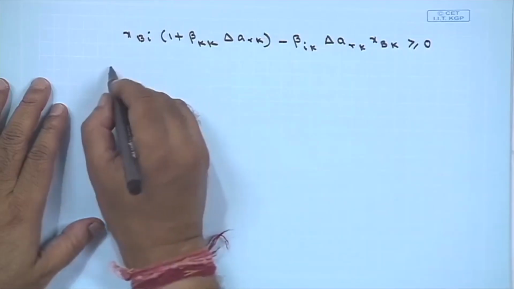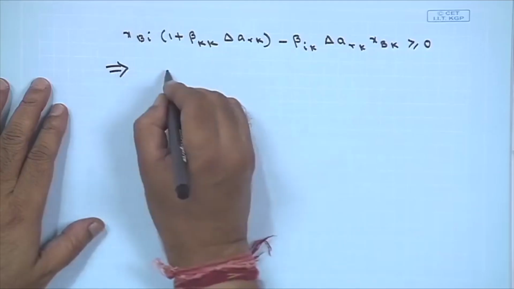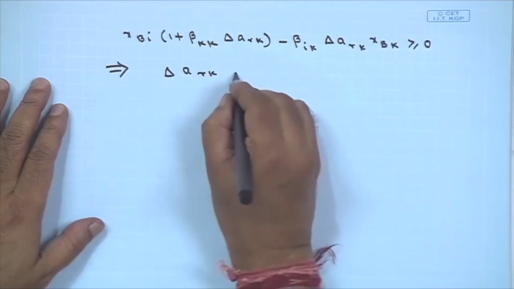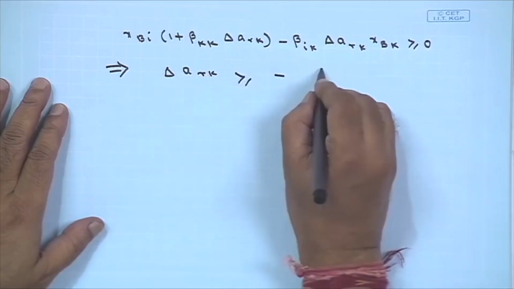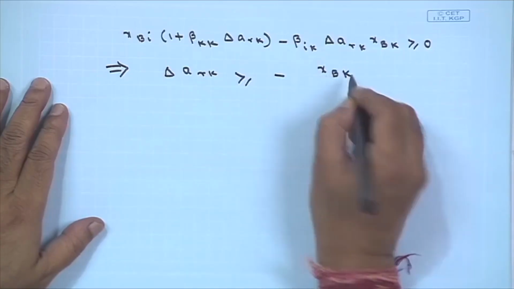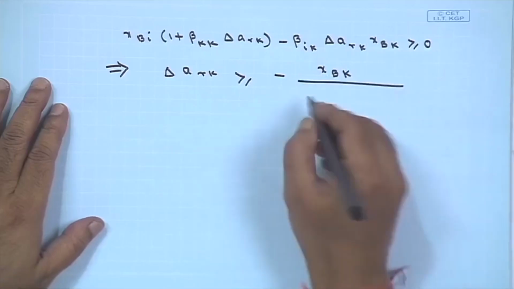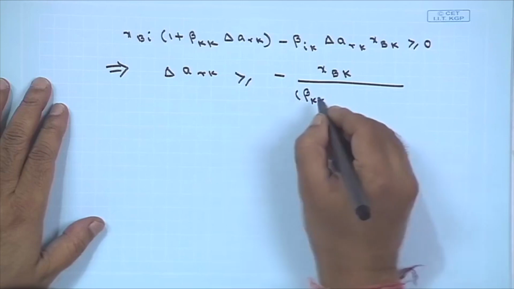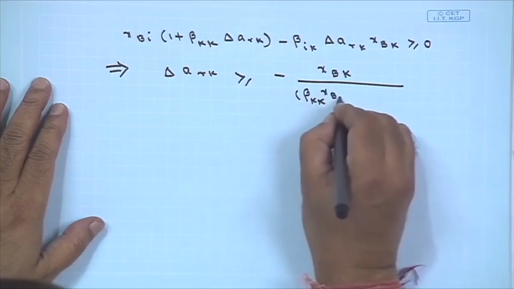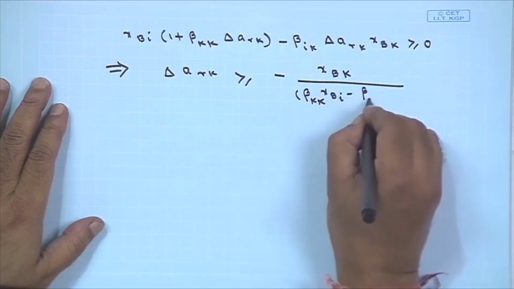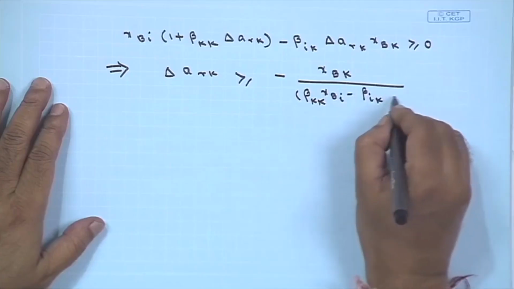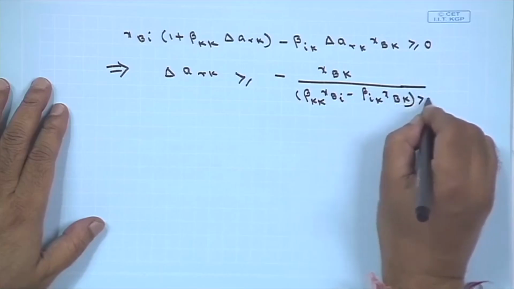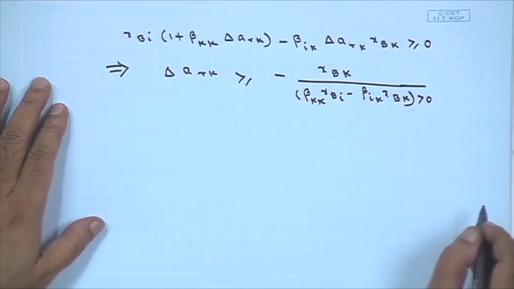So, from here, by simple manipulation, delta a_rk should be greater than or equal to minus x_B_i divided by beta_kk x_B_i minus beta_ik into x_B_k, whenever this quantity is greater than 0.